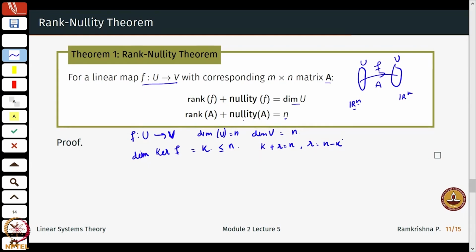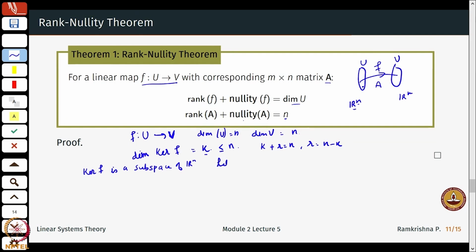Okay. Now, what I know is that the kernel of f is a subspace of R n, because the kernel is defined here in U. Now, if this is a subspace, it will have a certain basis of dimension k.